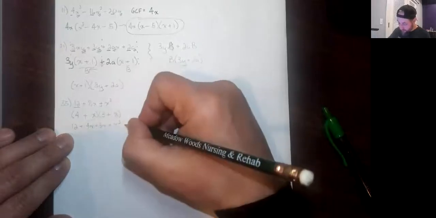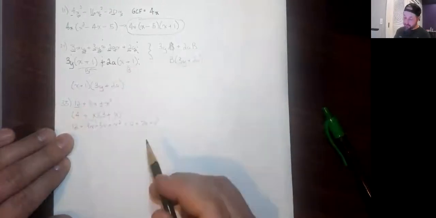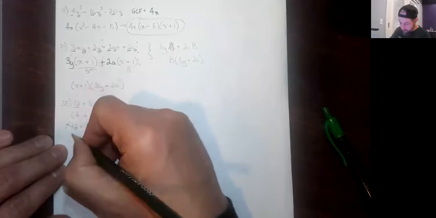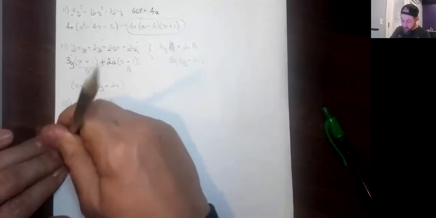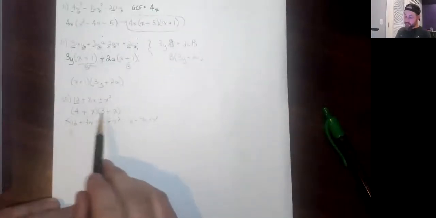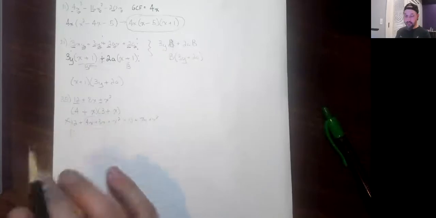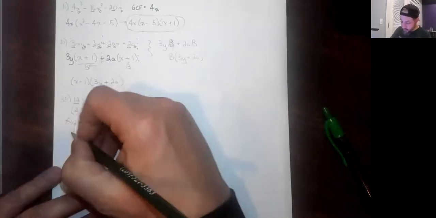This middle term is 7x. That doesn't match up. So I know that one's out. What if I switch my 3 and my 4? When you have plus x, this is the same. It's not going to change anything. So we have to try something else.